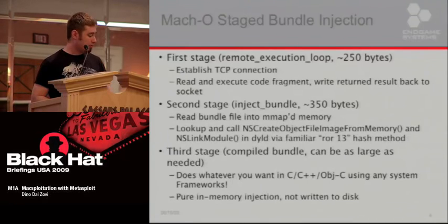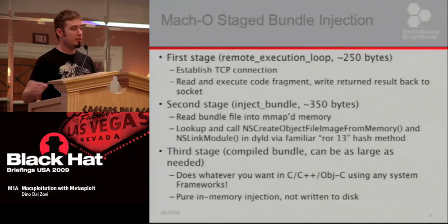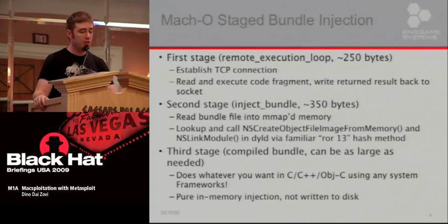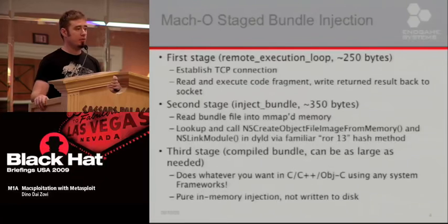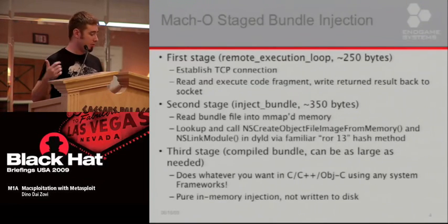There are two great function calls exported by the OS X linker, called NSCreateObjectFileImageFromMemory, which is a mouthful, and NSLinkModule. Whereas DLL injection for Windows needs a variety of tricks and contortions to load things directly from memory, the OS X linker just gives it to us as a function. We call this, and it unpacks the binary image in memory as needed, and loads up all the dependent libraries it needs.